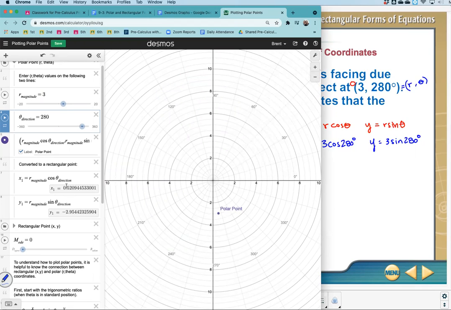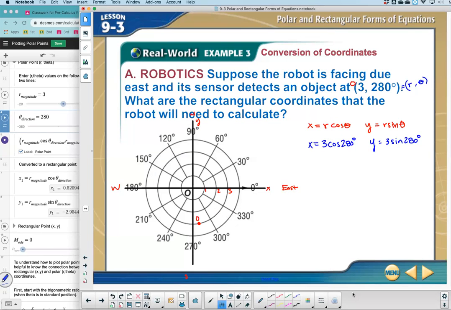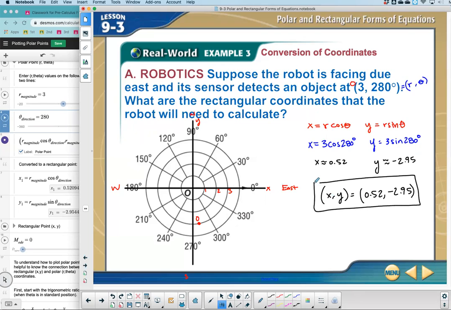In terms of x and y, for the x, about roughly 0.52, and for the y, roughly negative 2.95. So the rectangular coordinates, x comma y, are 0.52, negative 2.95. There's our answer there.